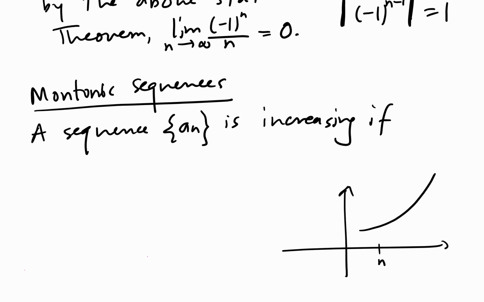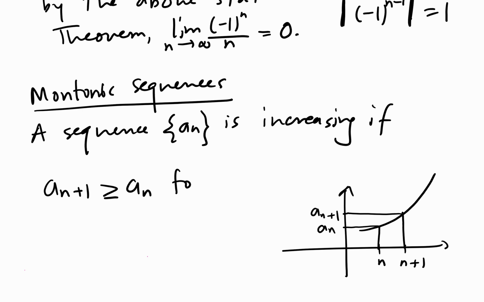This is n plus 1. If we project it up, this is a_n and this is a_(n+1). Notice it's an increasing sequence. Increasing goes up from left to right. So the sequence is increasing if a_(n+1) is bigger than or equal to a_n for all n bigger than or equal to 1.